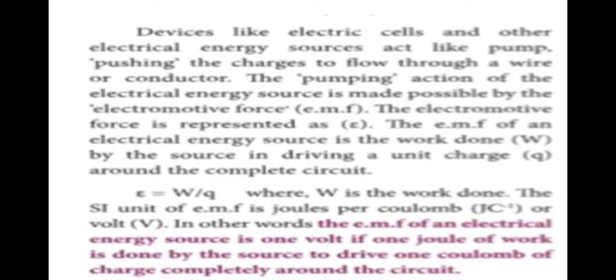What is the SI unit of EMF? As we know, the formula for EMF is work done by charge. W is the work done, which is measured in joules and denoted by the letter J. Q is the electric charge, denoted by the letter Q, and the SI unit of electric charge is the coulomb.